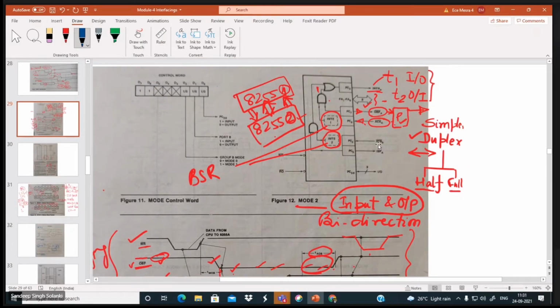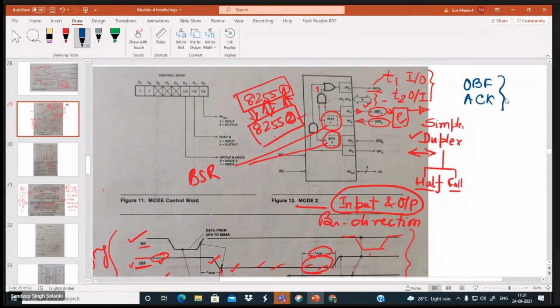Okay, in this figure you just see one thing, and with that I will explain in the next picture. See what is written here. It is written as OBF and ACK.